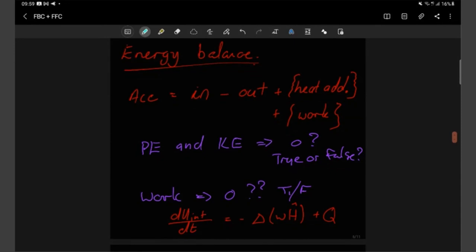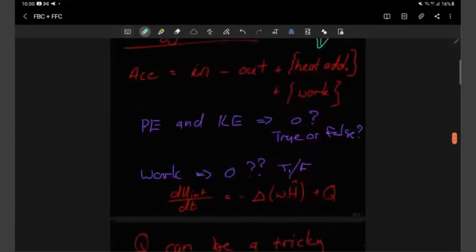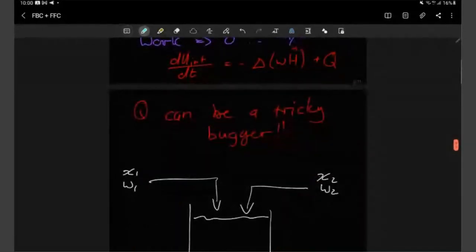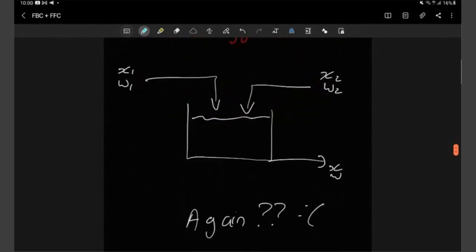Oh, and then I need to mention that the Q, which is obviously that heat addition, can be a tricky one every now and then to figure out, because that is where we need to ensure that we make the correct decisions on whether ambient temperature is a disturbance variable or not, whether some other temperature or effect or heat loss is important or not.